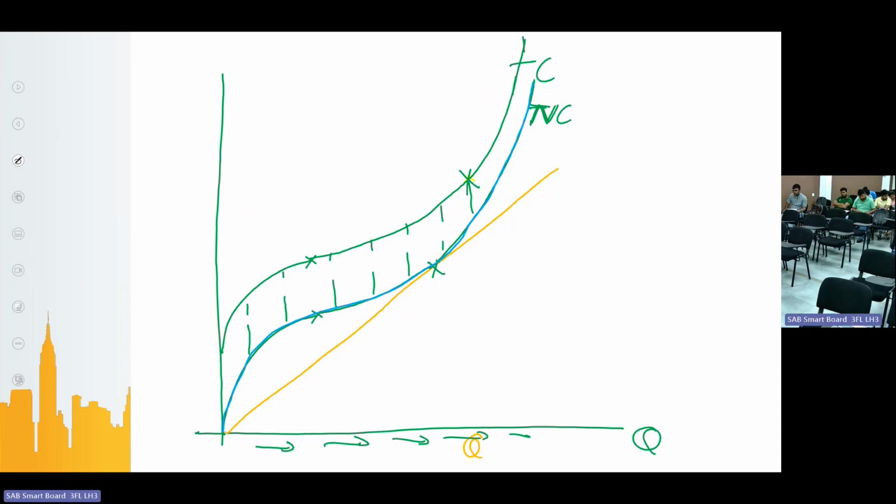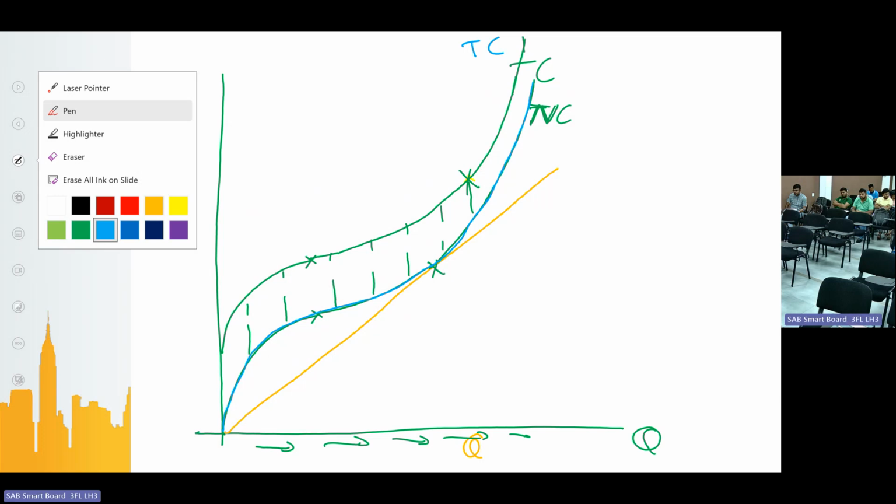The vertical gap between TC and TVC will be the same.